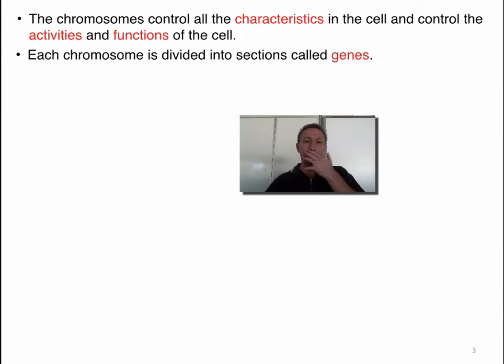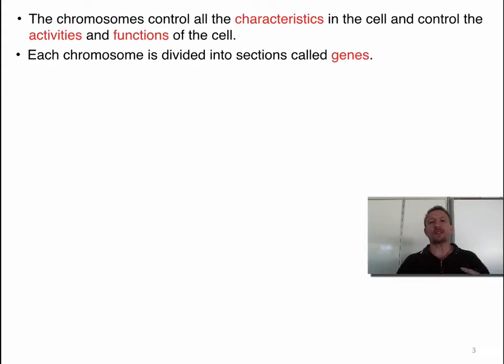As we stated, the chromosomes will control whatever is going on inside the cell. What the chromosomes code for, or the genes code for, is protein. They produce protein. This protein comes together and makes different types of things.